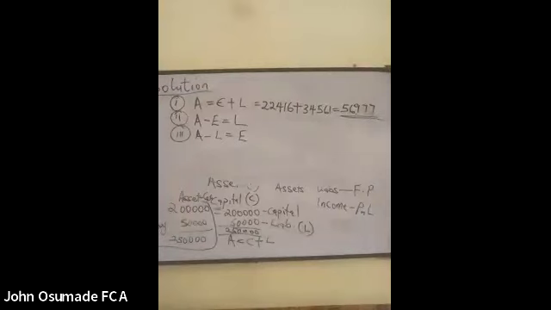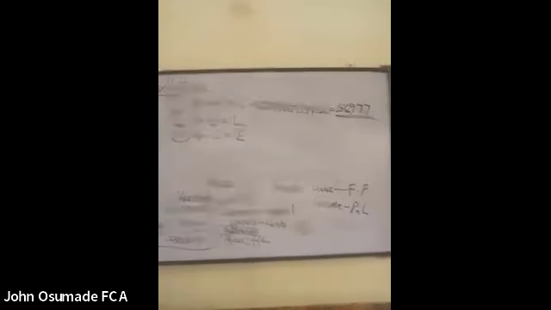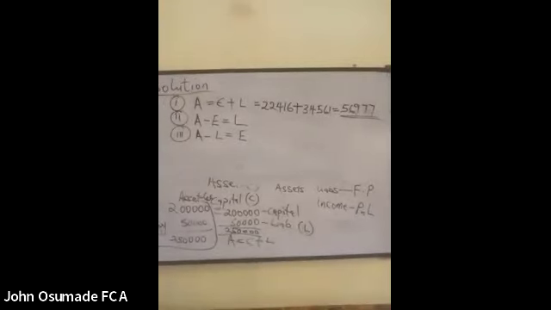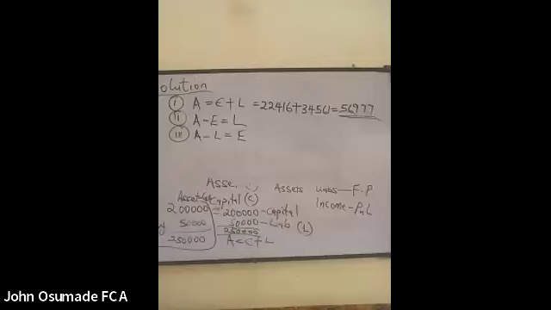For question Roman figure 1, I want you to use this method and this formula to do the Roman figure 2 question and Roman figure 3 question. Now we want to look at the profit-based accounting equation.